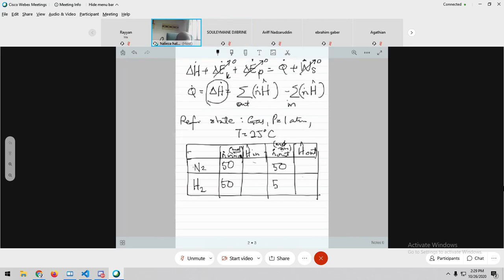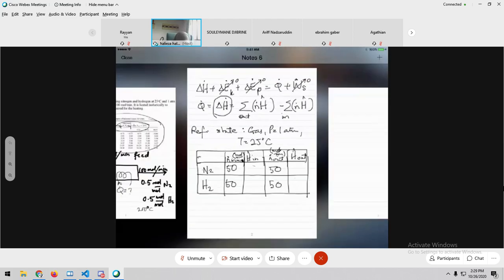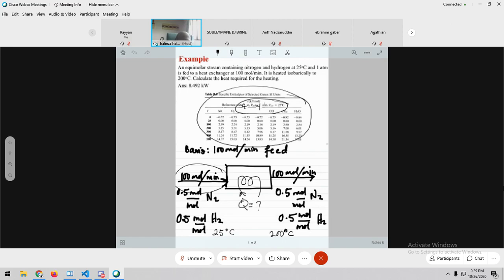All right. Now, the enthalpies. Now we're going to go back to the table. The enthalpy for the temperature of 25.